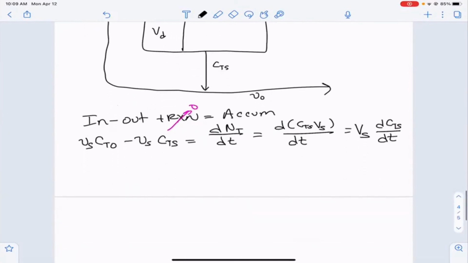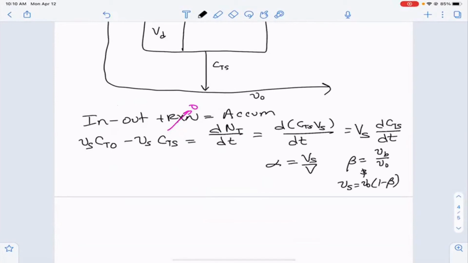Okay. And we're going to use the same definitions that we used before, so that alpha was equal to VS over V. We'll use it that way. And we also defined beta as VB over V0, which of course then meant, just like before, that VS was equal to V0 times 1 minus beta.